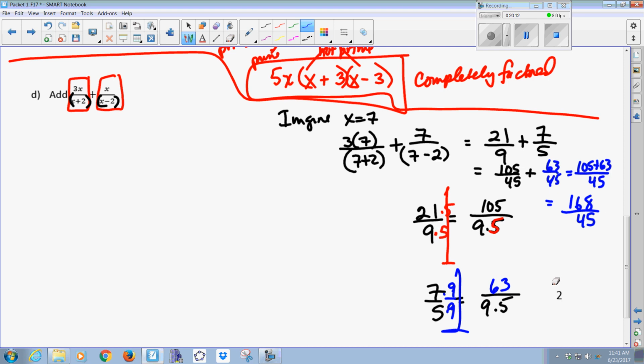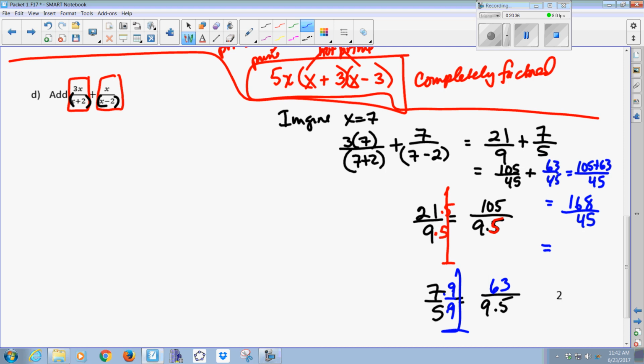And I say, well, there's no way 168 can be divided by 5 because it doesn't end in 5 or 0. So then I say, well, how about 3? Well, a little trick you could do is if you add these digits together, 1 plus 6 is 7, plus 8 is 15. And since 15 can be divided by 3, guess what? This number can be divided by 3.